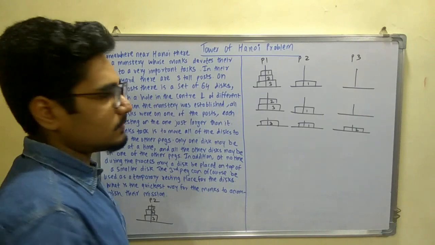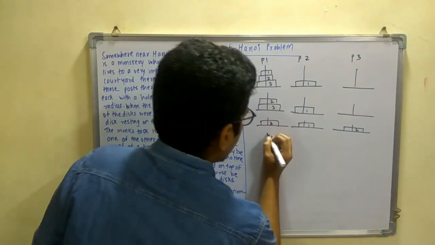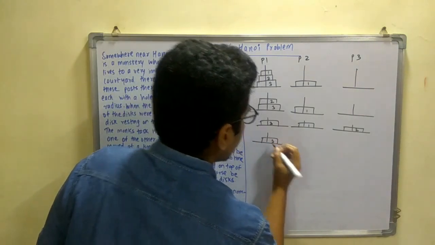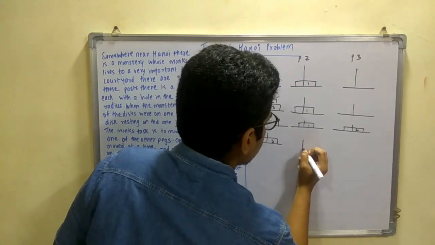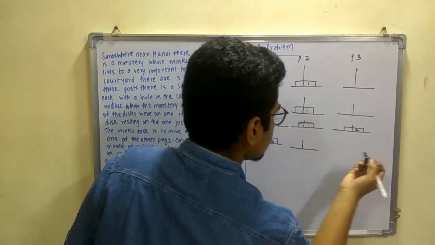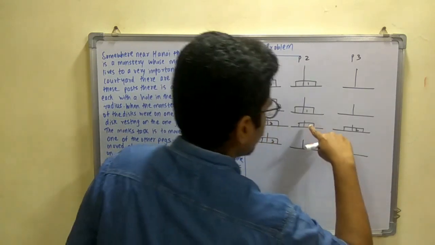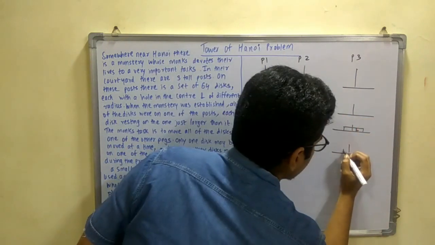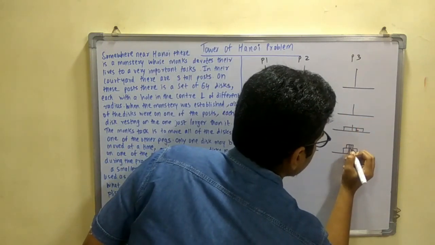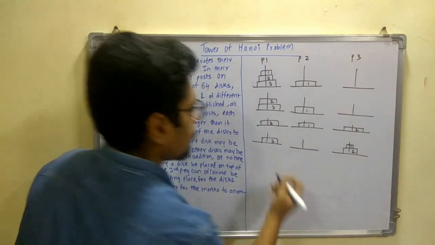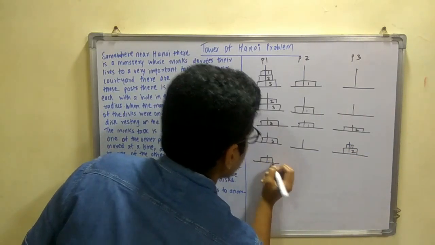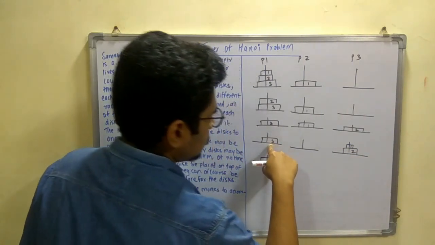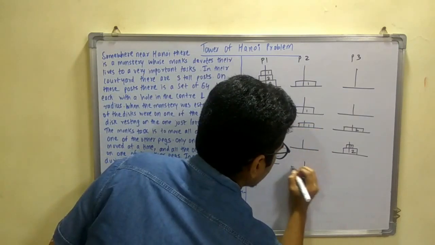There are n number of possible solutions to this. Let us first keep 3 as it is here, and just place 1 on top of 2. It would be like this. Then at the next move, we move 3 to post number 2.